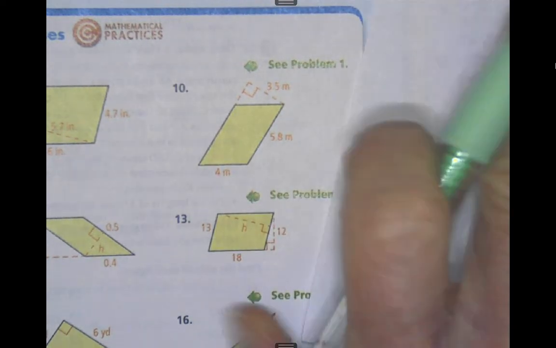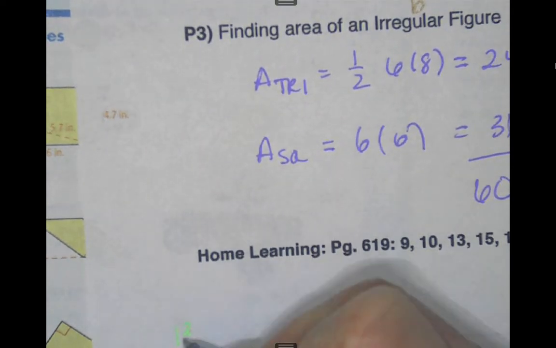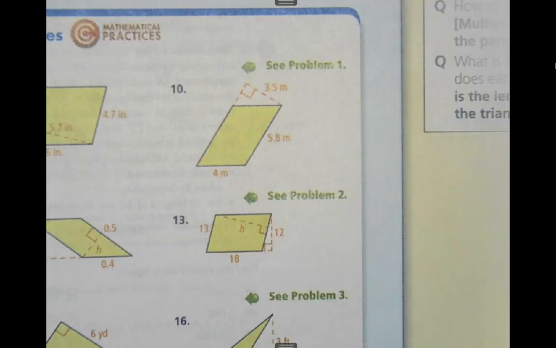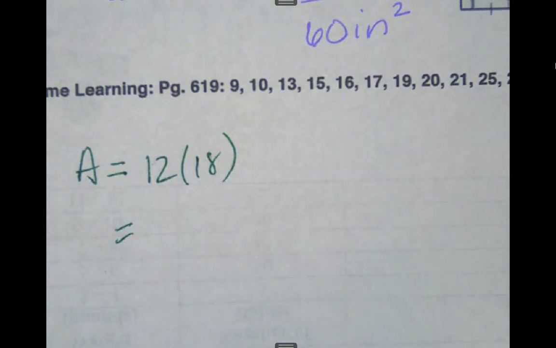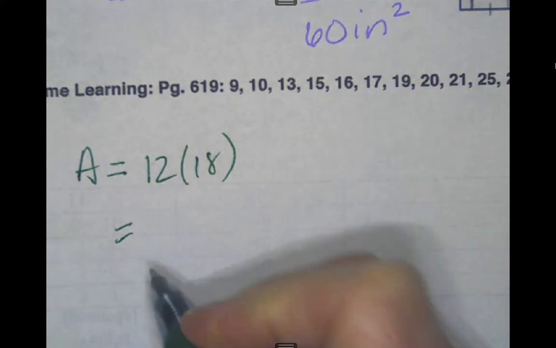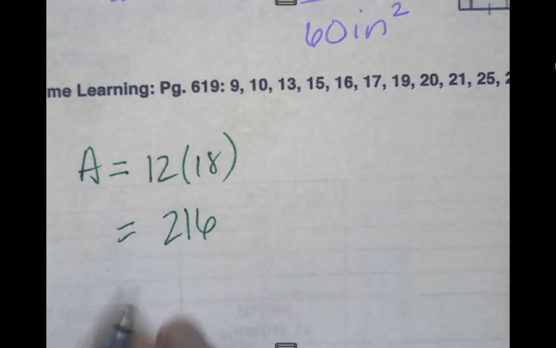So for number 13, I know that the 12 and the 18 go together. So when I find 12 times 18, I get an area of 216.